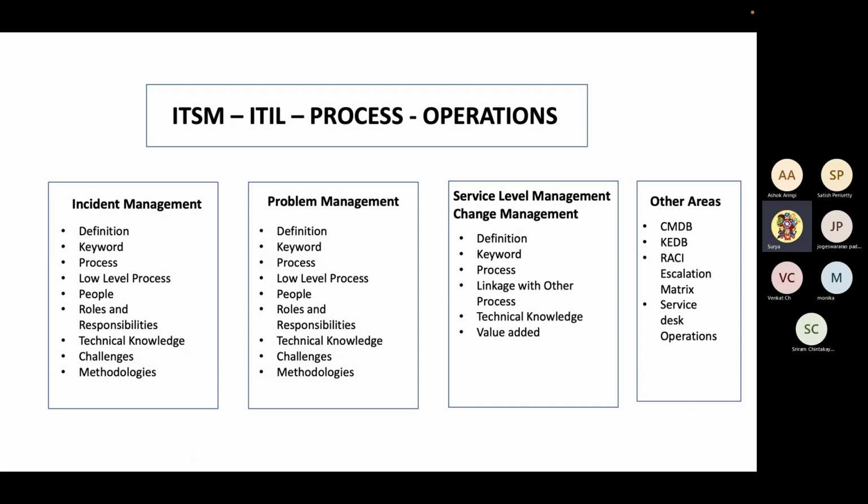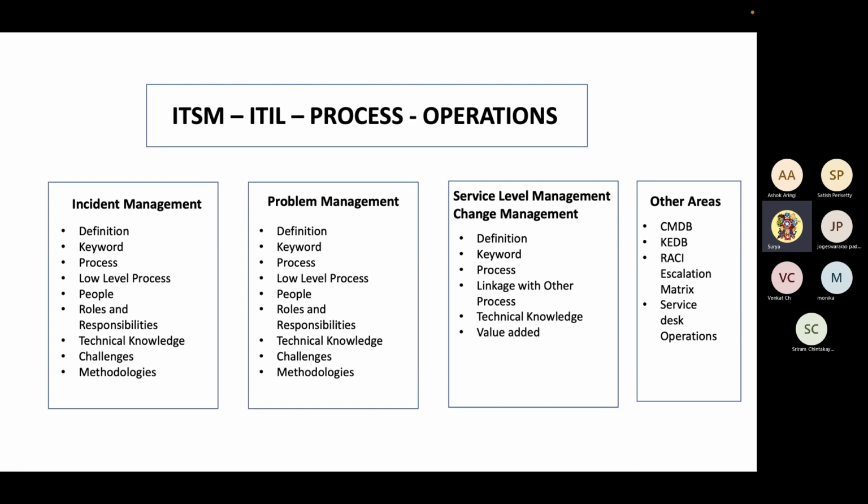So this is how our curriculum will be. In the process and operations, we are going to discuss the incident management, where we are going to discuss the definition of incident management, keywords we will use in incident management, how the process will be.